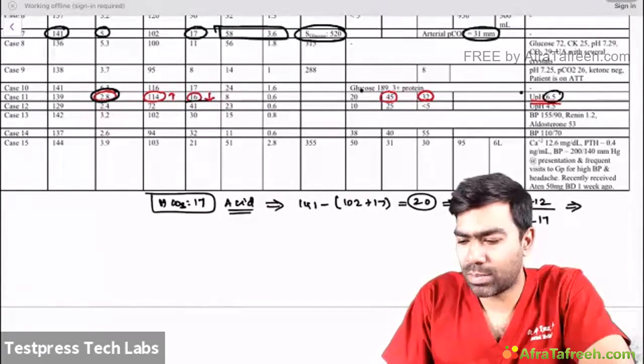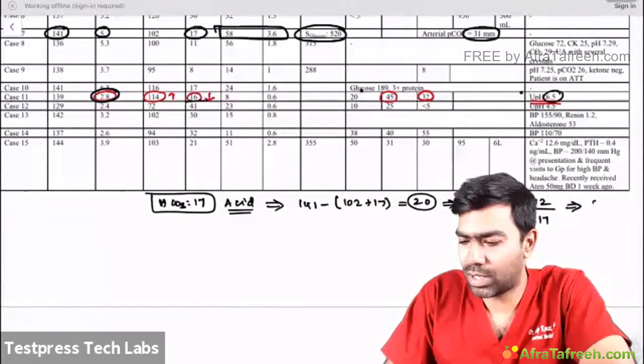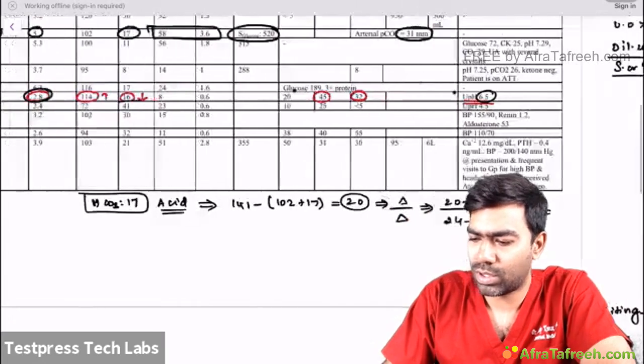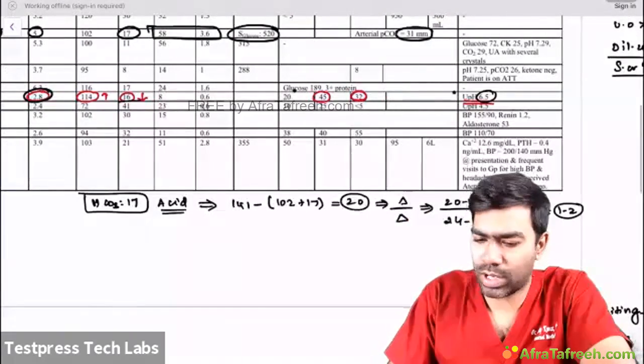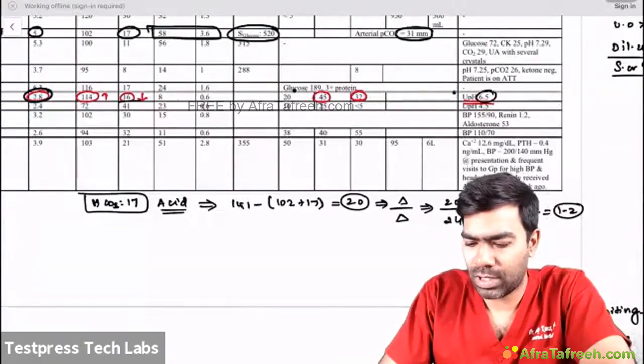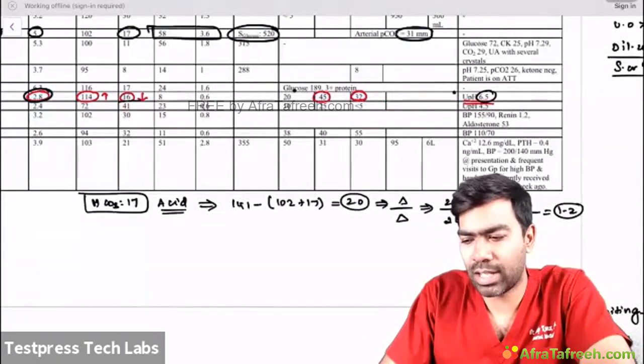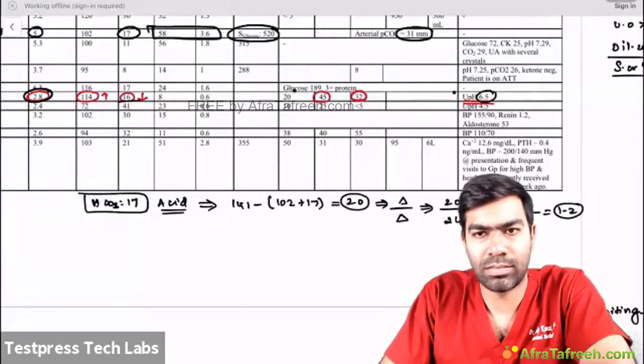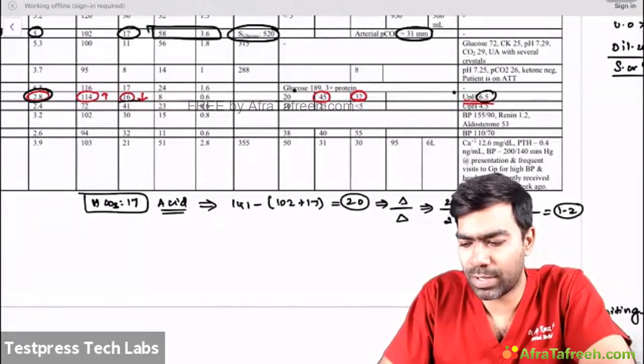So this patient is probably having 8 divided by 7, which is 1 to 2. So very likely to have an uncomplicated HAGMA only. There is nothing like an associated NAGMA or associated metabolic alkalosis. This patient is likely to have an uncomplicated one.